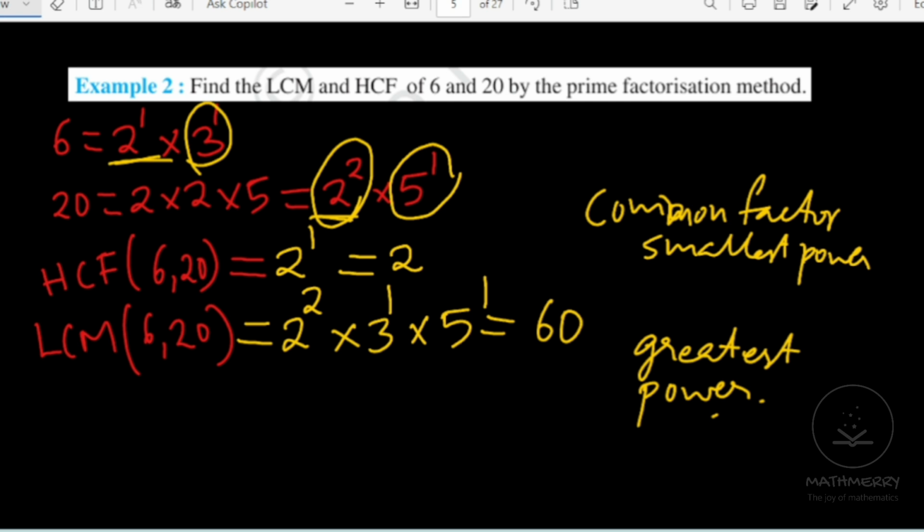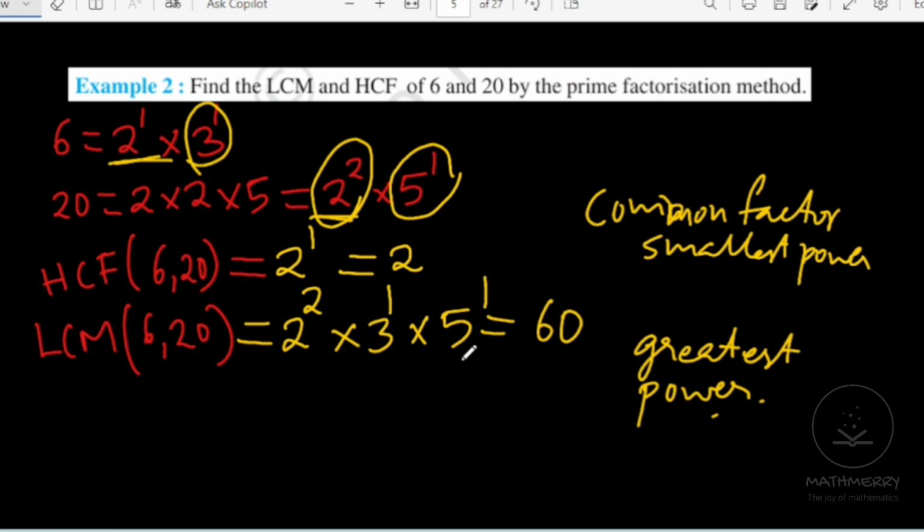What we have to look for is the lowest power for a common factor in the case of HCF, and in the case of LCM we don't have to look for the common factors, but we have to take the greatest power of each factor.